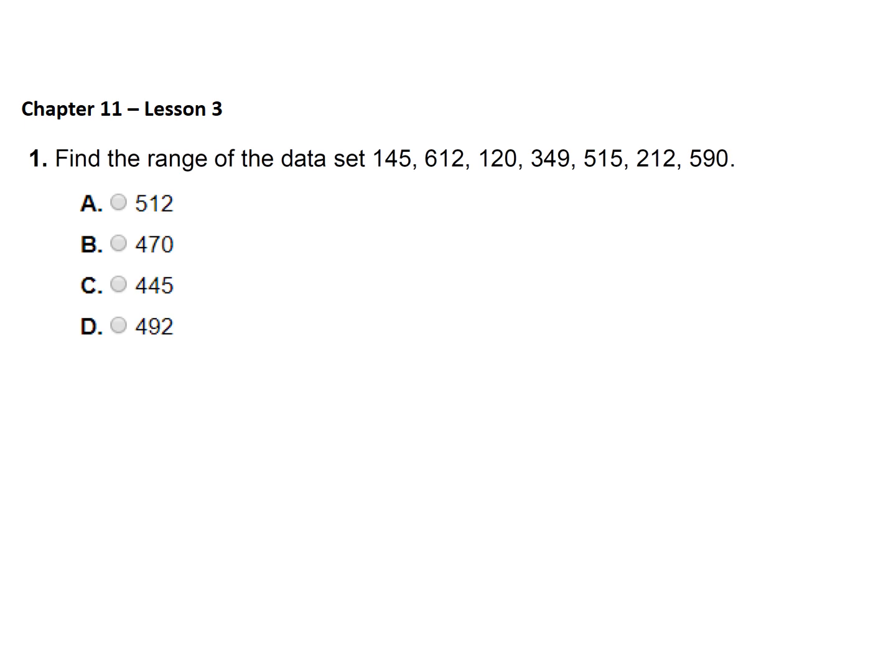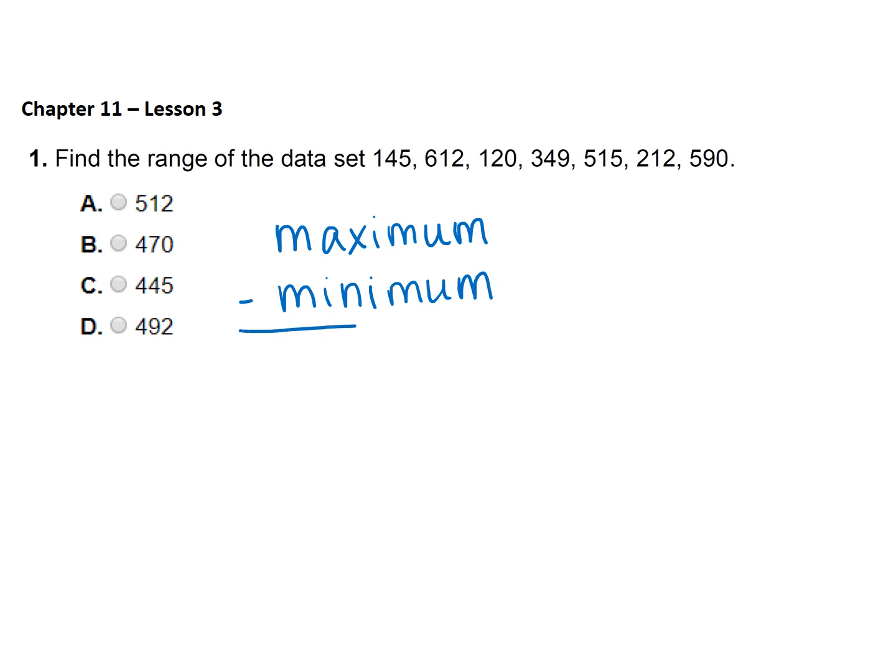So to find the range, you need to first find the maximum minus the minimum, and that will give you the range. In this case, our maximum is 612 and our minimum is 120.